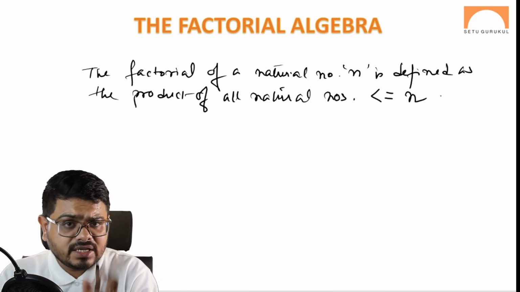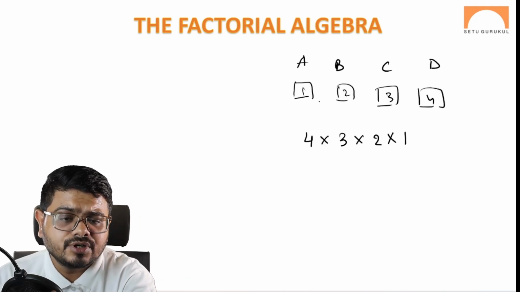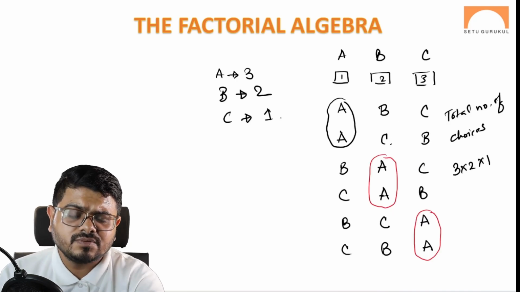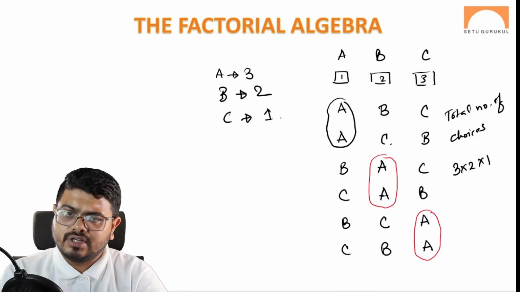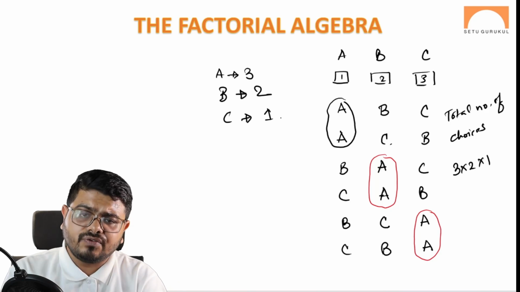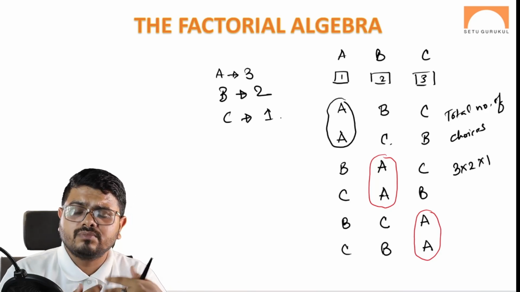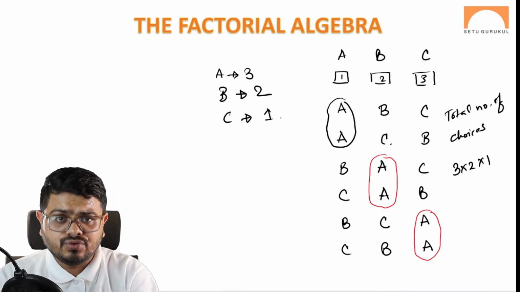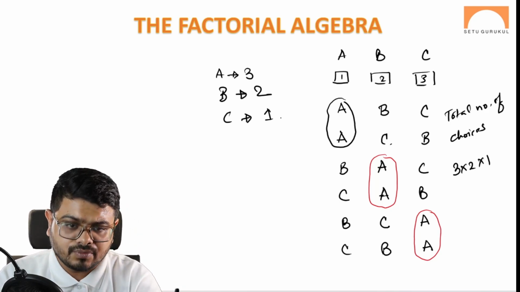Now the question is, why is factorial like this? It is because of the arrangement logic that I just taught you, how the arrangement logic moves forward in this scenario. For the simplification of it, for the simple denotation of it in mathematical literature, what we introduce is called factorial algebra.